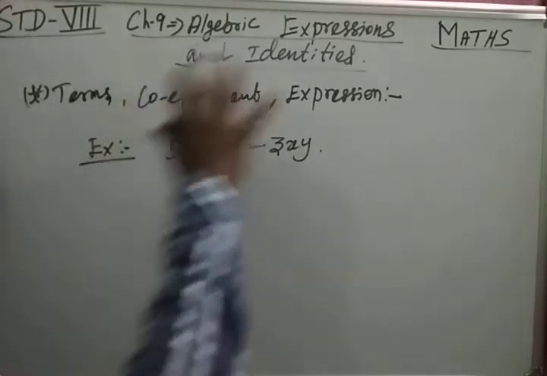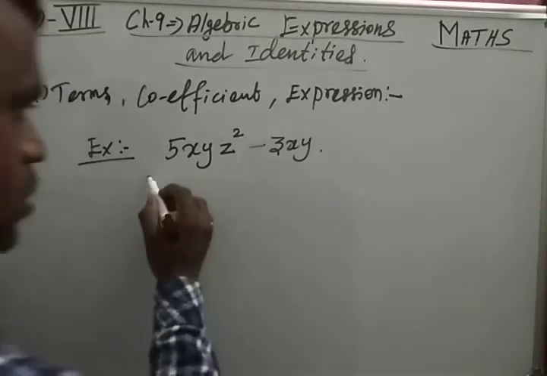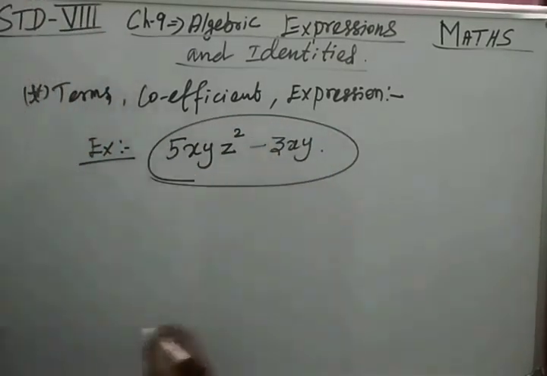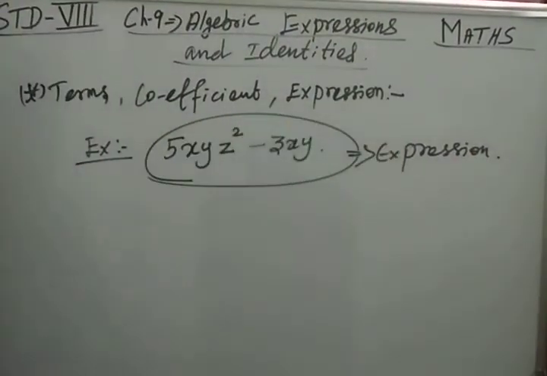With this I am going to explain what the coefficient is, what the expression is, everything. First one, the whole term is called an expression. Yes or no? This is an algebraic expression only, right? This whole thing that we have taken is called the expression.